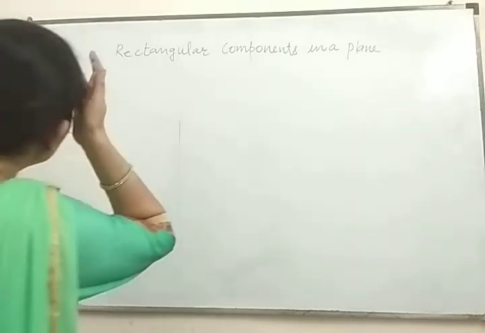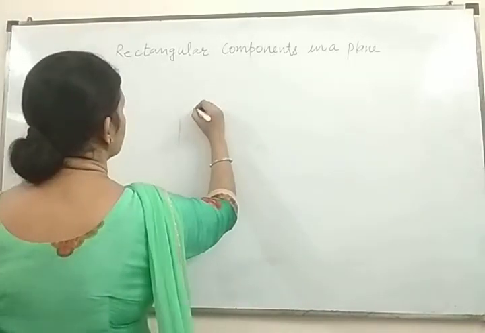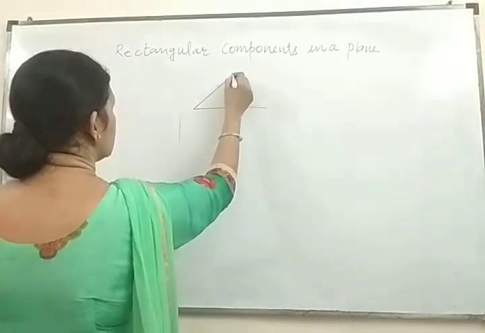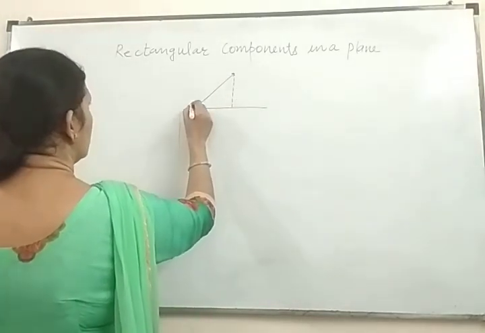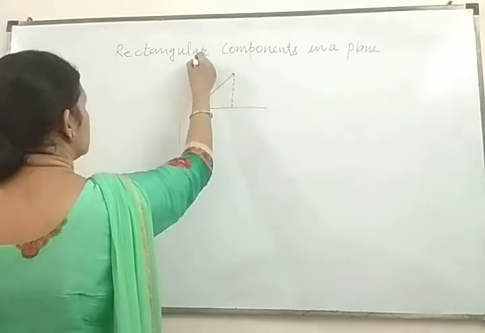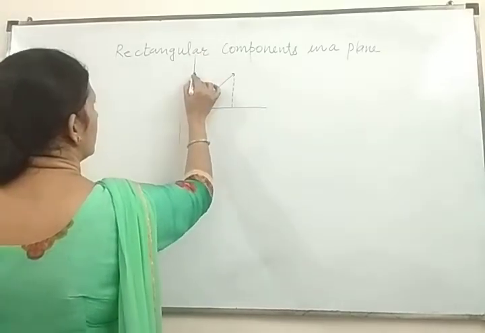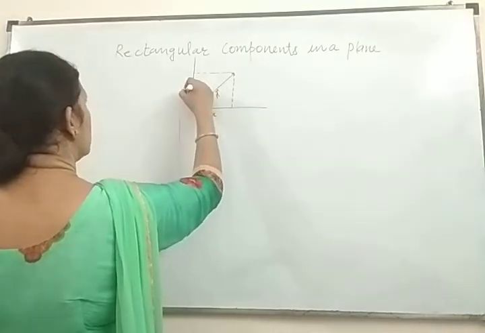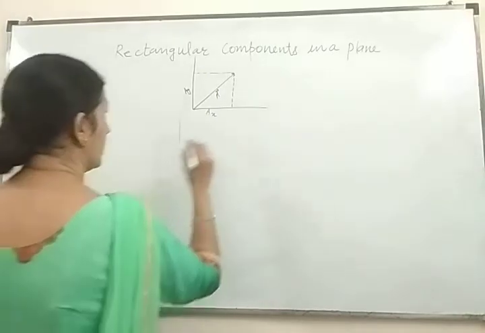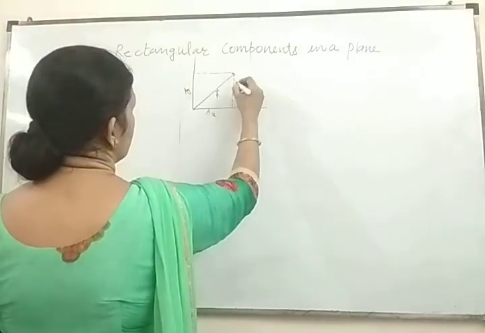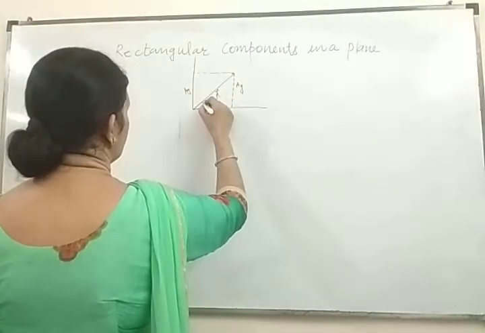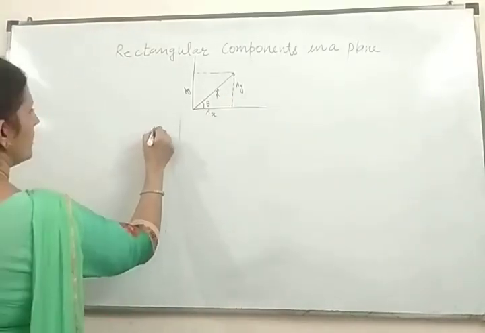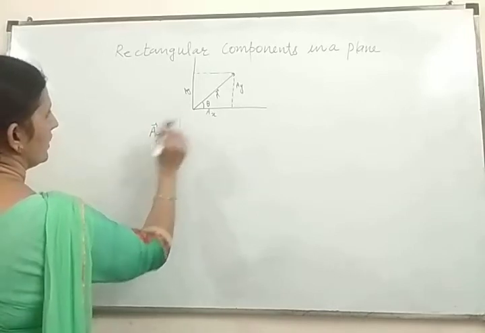Now in terms of theta, how will you calculate the rectangular components? Vector A along the x-axis, the value along the y-axis, draw the perpendicular. This is AX, this is vector A, and this is AY. If this vector A is inclined at an angle theta, then what will be the value of AY?